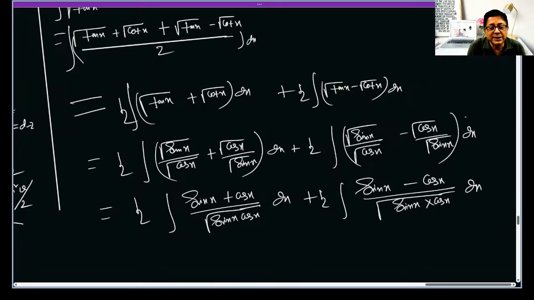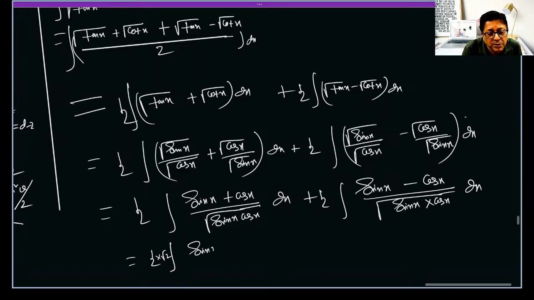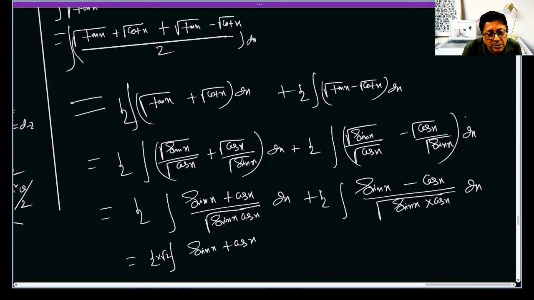Now I can see one thing, this 2 sin x cos x, just let me do it. You are multiplying and dividing by 2. Inside root there will be 2 sin x cos x.